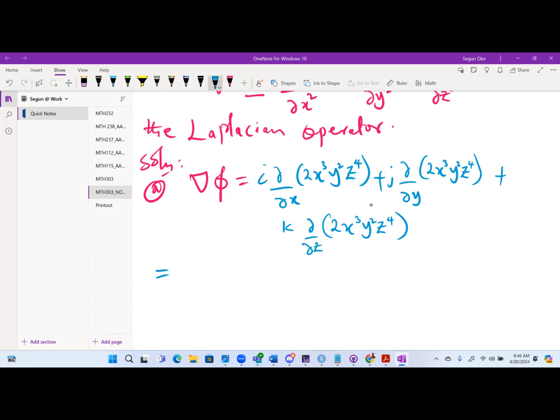So in this case now, when you differentiate with respect to x, what do you have? You have 6x squared y squared z to the power 4 because they have multiplication between them. Don't forget, i will follow. Plus, differentiate with respect to y, you have 4x cubed y z to the power 4 j.